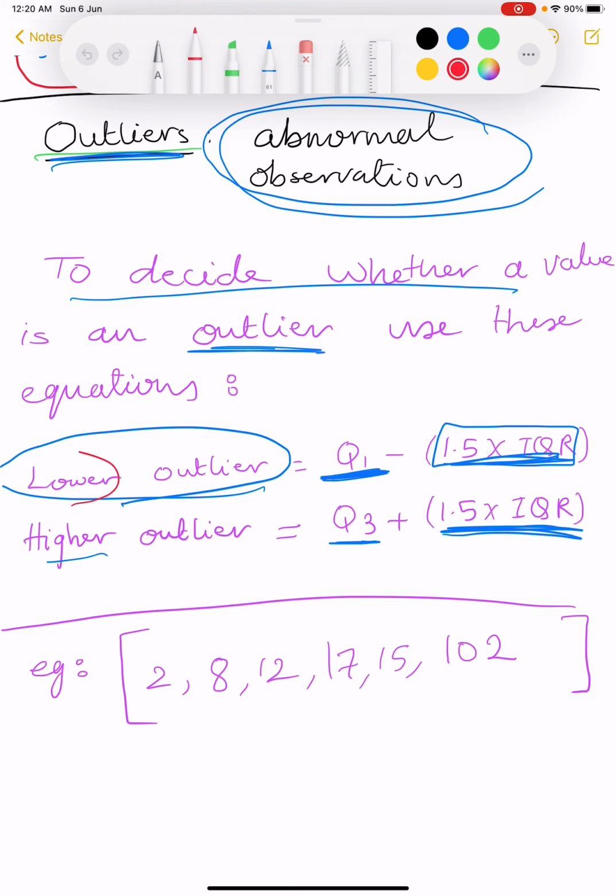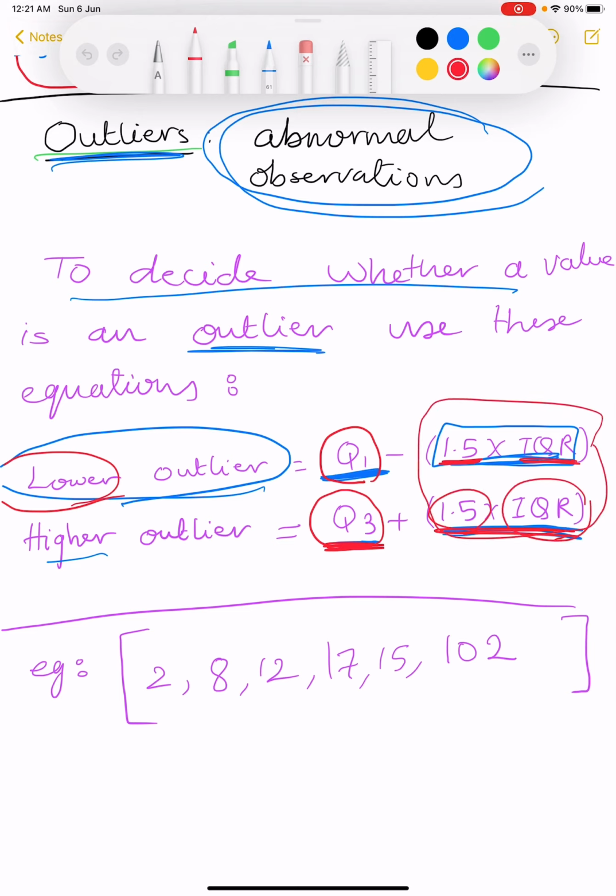The 1.5 is a fixed number. We just change these two.